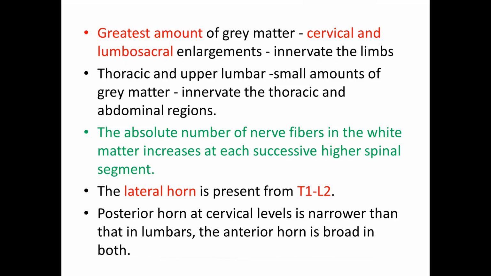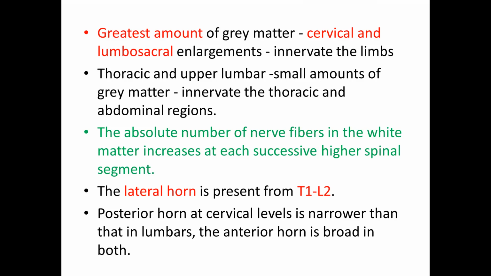The absolute number of nerve fibers in the white matter increases at each successive higher spinal segment, right? So the lowest will be at the sacral, and the highest white matter content will be at the cervical, because all these fibers are going up or coming down. As you come down into the body, you don't have many spinal tracts coming down, right? And the lateral horn is present from T1 to L2 levels.